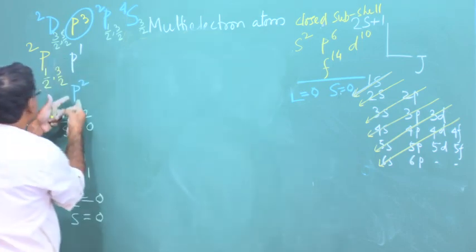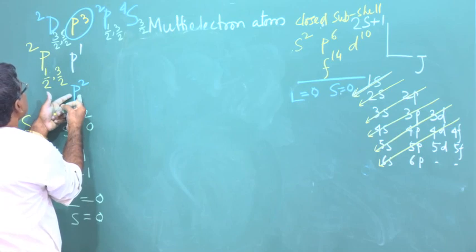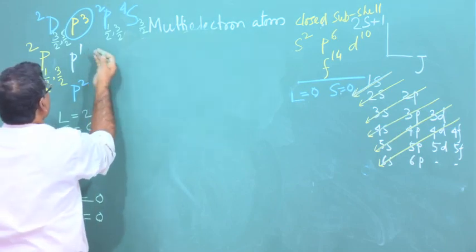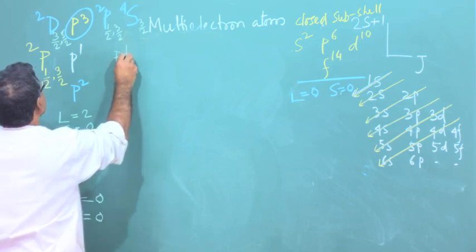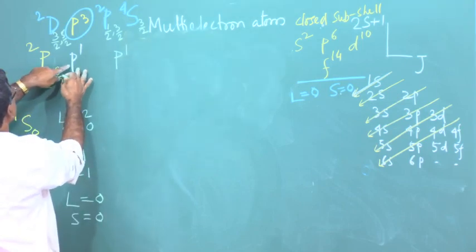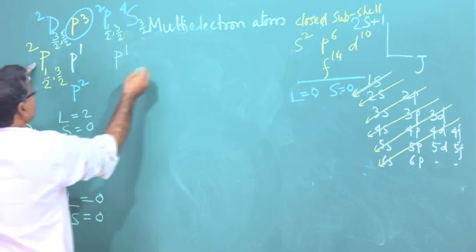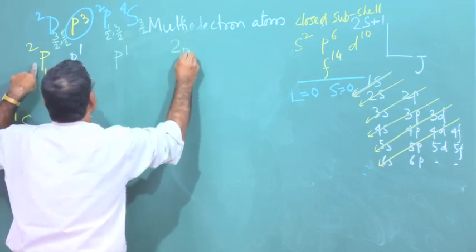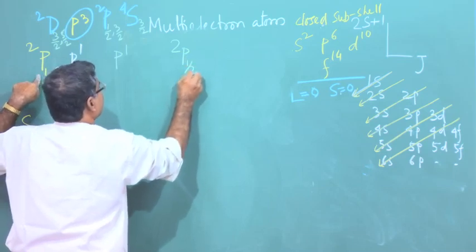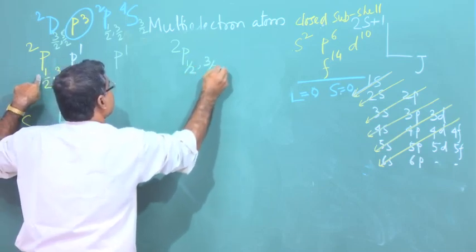Here one thing I can tell you: say P2. What did I get? For P1, what are the states I got? This is the state for P1, I got 2P, half and 3 by 2.